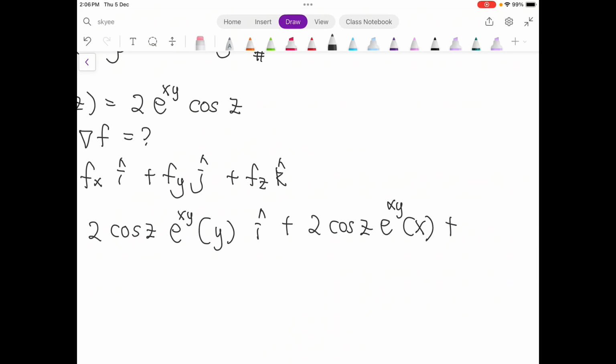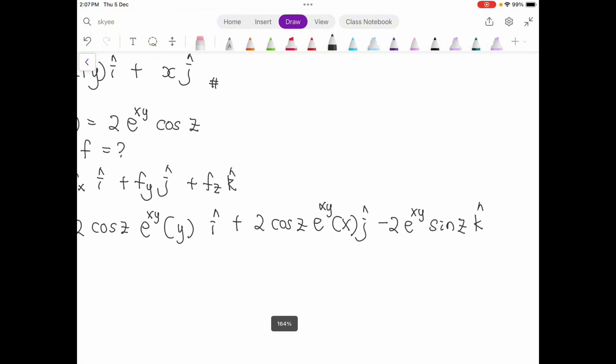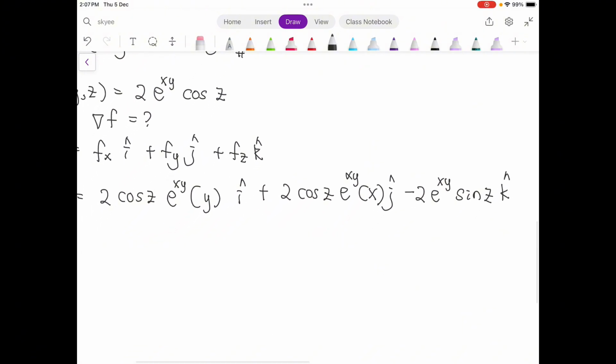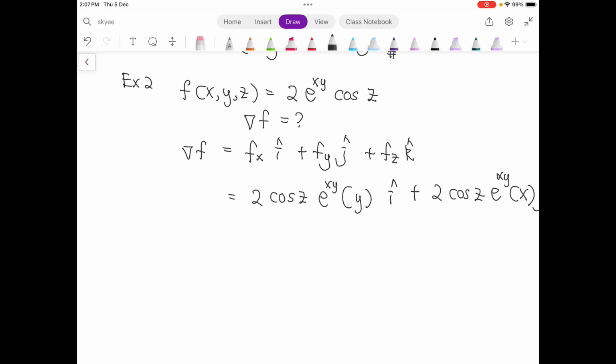Lastly, differentiate with respect to z. I have 2 e to the power xy, and cos becomes negative sin z. The negative I place here, and this one is k. This is the answer. You can just leave your answer like this, or rearrange it if you want. This is how we find the gradient of the function. I think it's very clear, right?